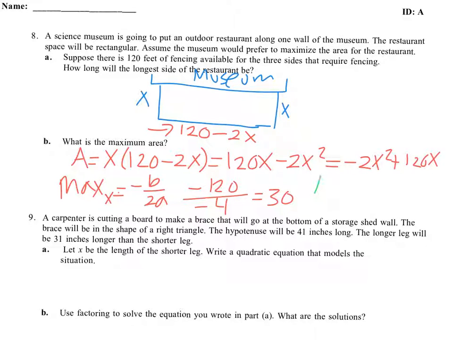That means that the area is equal to 30 times 120 minus 60. 30 times 60 is going to be 1,800. And going backwards, if that's 30, 120 minus 2 times 30 is going to be 60. So that gets us both pieces a little bit out of order from the way the problem is written.